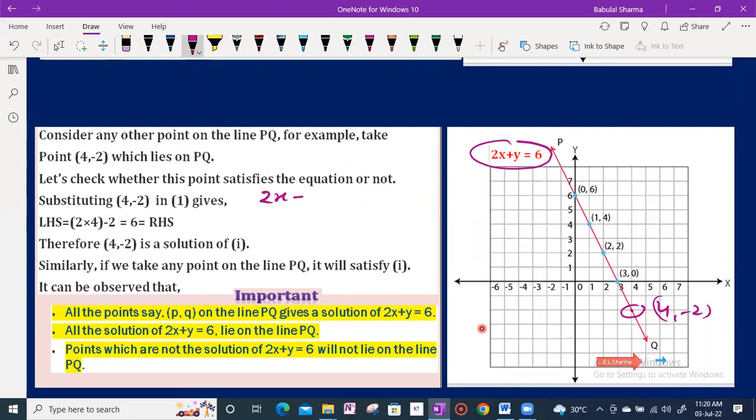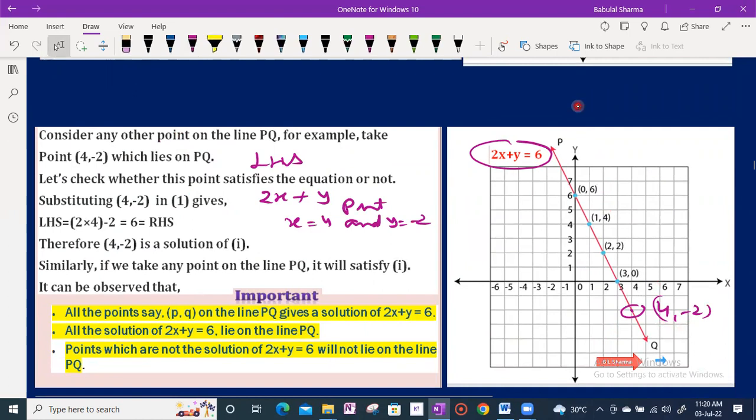You write 2x + y, that is the left hand side. कैसे वेरीफाई करते हैं कि सॉल्यूशन है कि नहीं है? अब इसके अंदर क्या करें कि put x = 4 and y = -2.